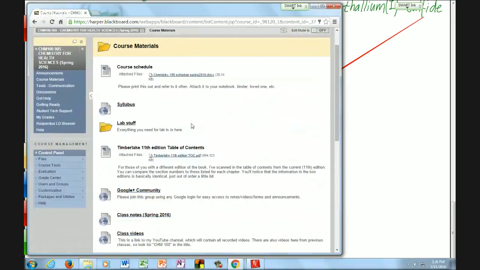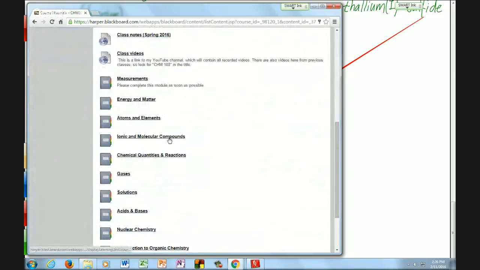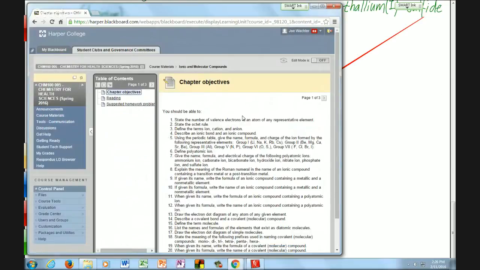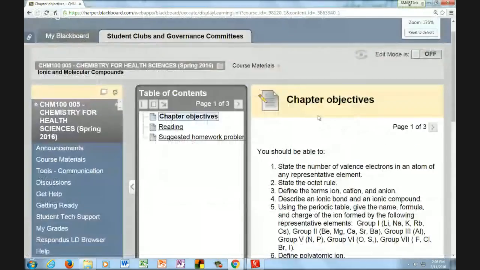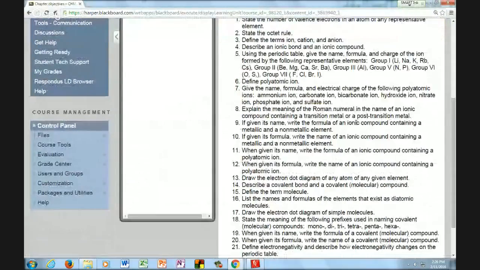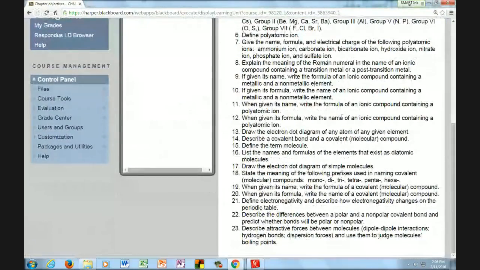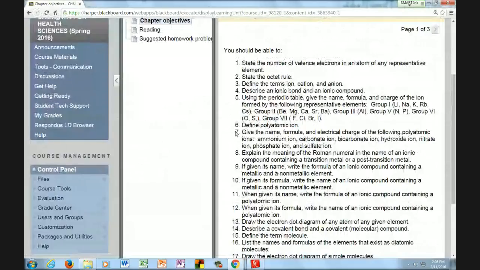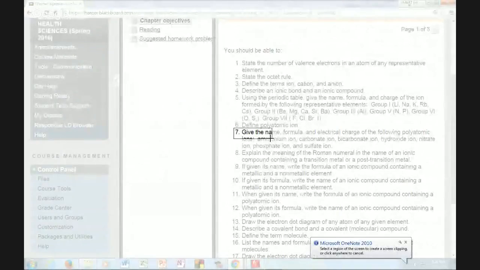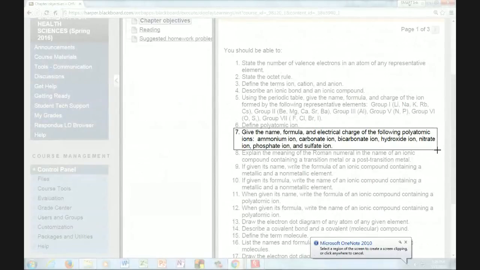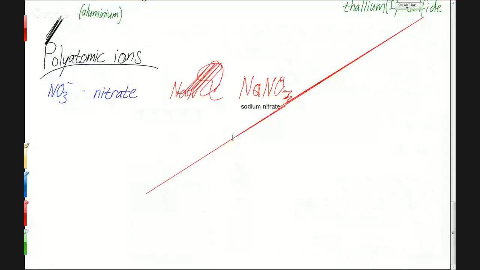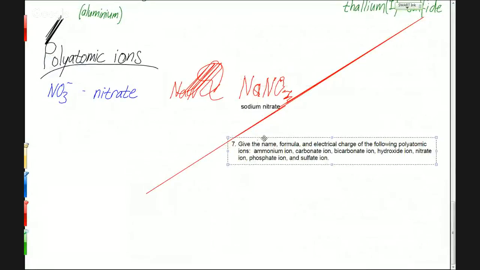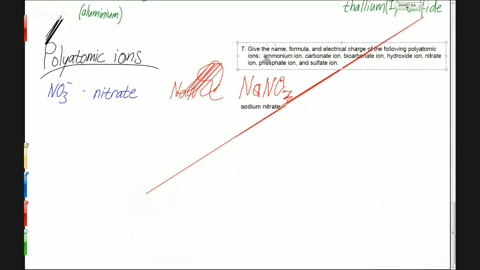You go to course materials. This is ionic and molecular compounds. And here's our objectives that we can study. When we talk about polyatomic ions, that's number 7 here. So I'm going to copy this into the notes. There is a list of a few of the most common ones that you need to know.